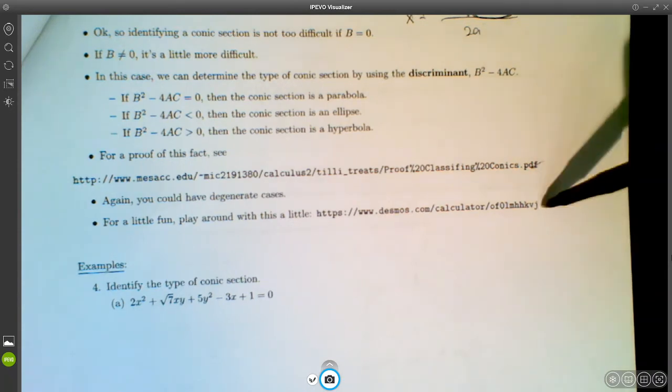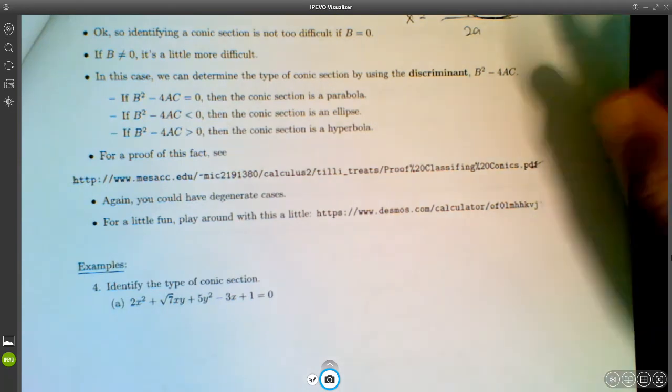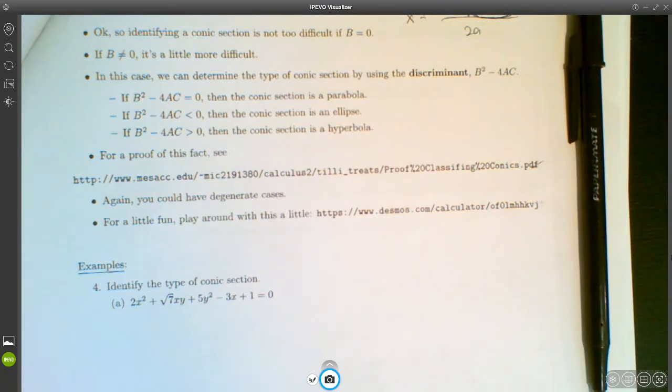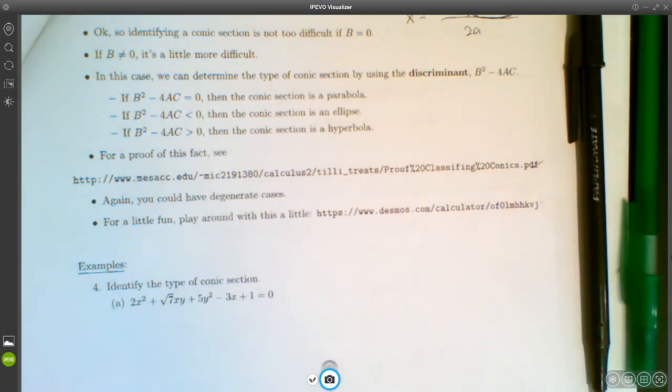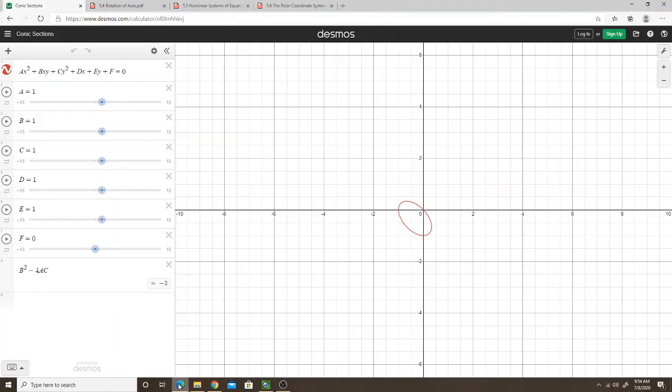What I do want to do is take you to Desmos and show you some conic sections and their corresponding discriminants, because I think it's really kind of fun and interesting. So let's take a look at Desmos. Here we have our general form of our conic section, ax squared plus bxy plus cy squared plus dx plus ey plus f equals 0.